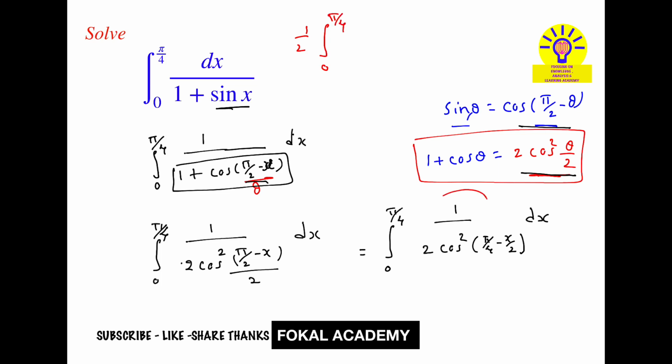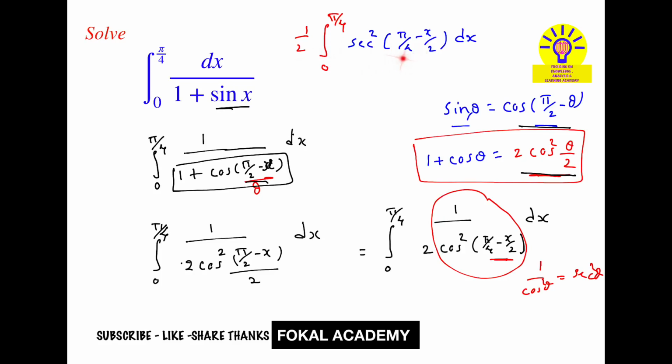So this can be written as 1 by cos square theta, nothing but secant square theta. So it can be written as secant square of pi by 4 minus x by 2 dx.